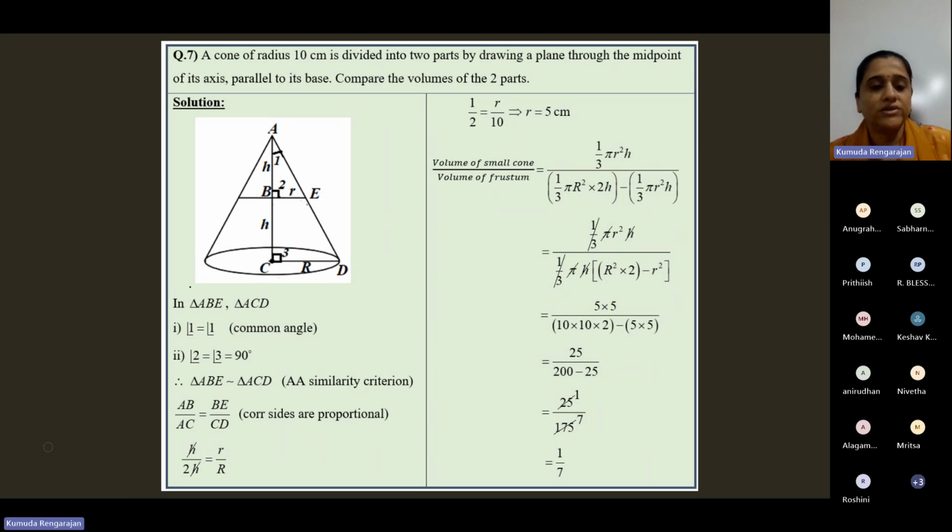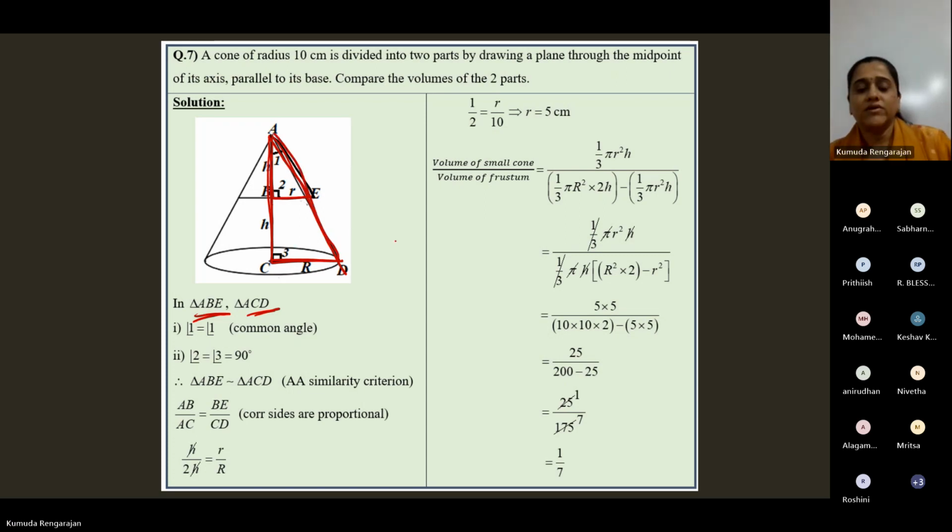Okay. So now in these two right triangles, that is in right triangle ABE and right triangle ACD. This small right triangle, this one, ABE. And in this whole right triangle ACD.